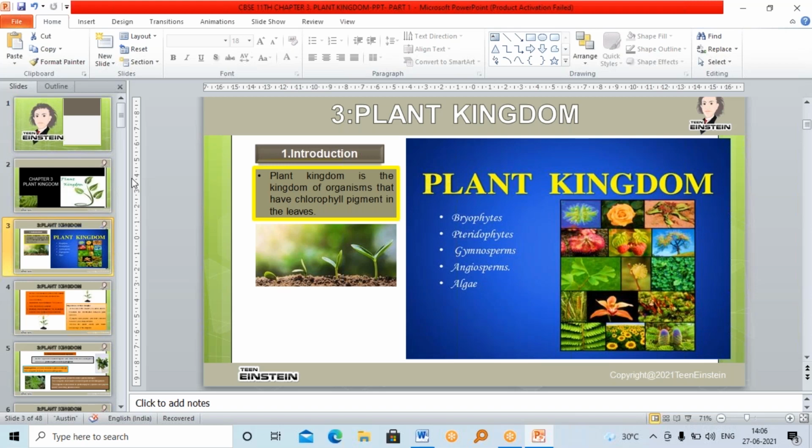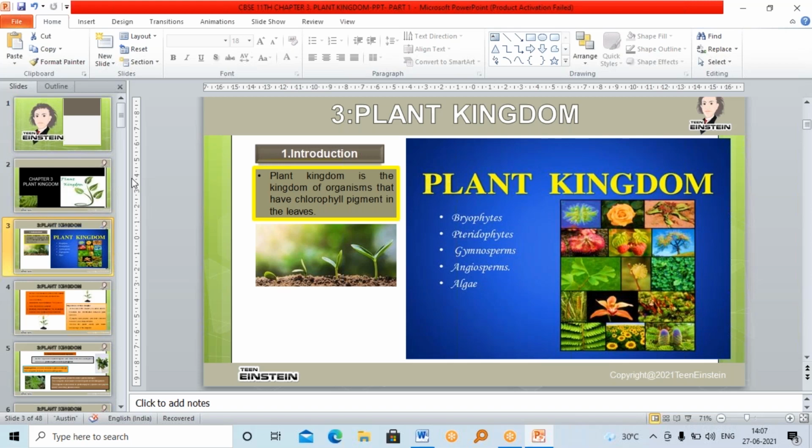Then what else do you know about plants? They are multicellular. While studying the first and second chapters, we learned they have many cells. They are autotrophic, photoautotrophic. What do you mean by photoautotrophic? Autotrophic means they synthesize their own food.